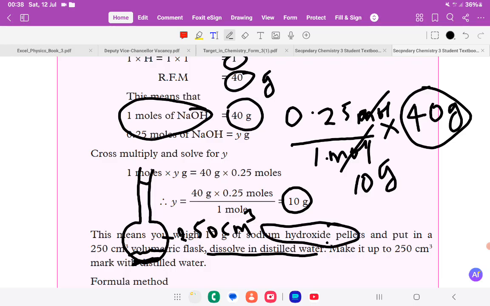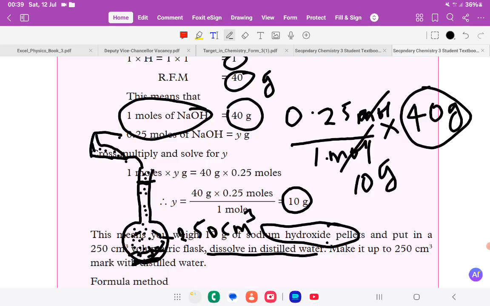Okay, so once dissolved, then you add more water to the flask, until the water fills up the space or mixes with the dissolved sodium hydroxide up to this mark.